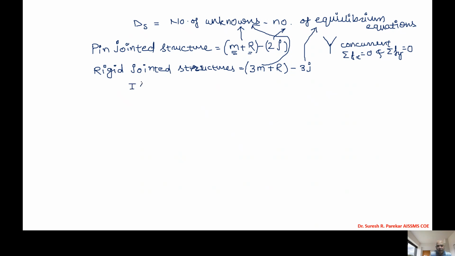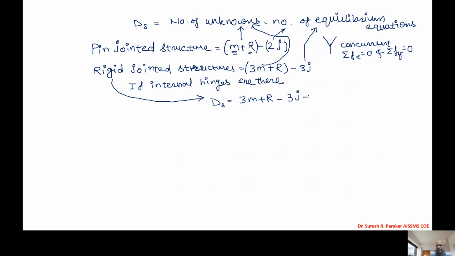If internal hinges are there, then the equation becomes, for rigid jointed structures, we do not have hinges in pin jointed structures, ds equal to 3m plus r minus 3j minus the number of members connected to the hinge minus 1.